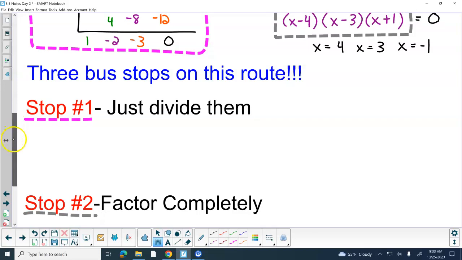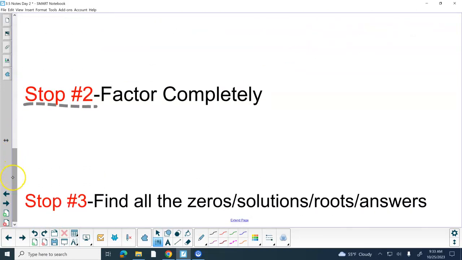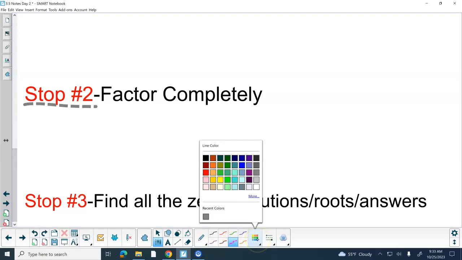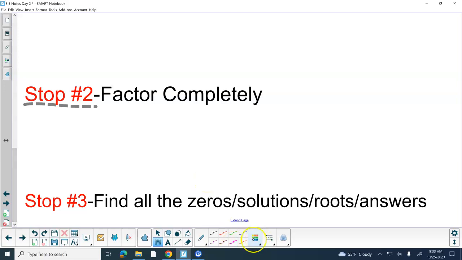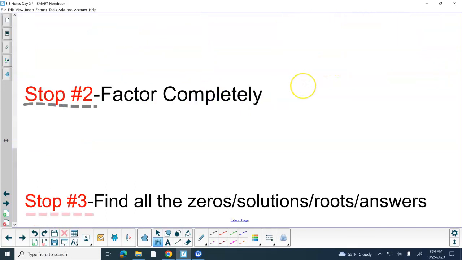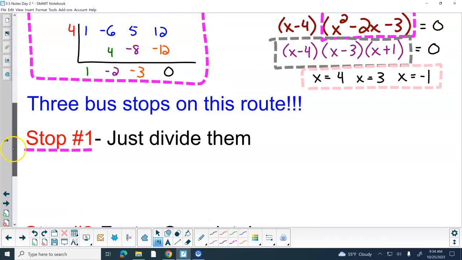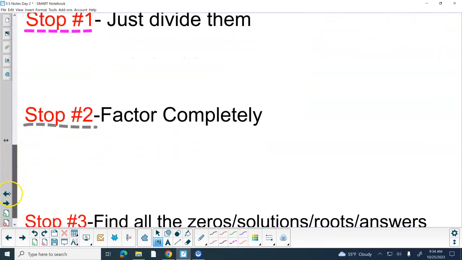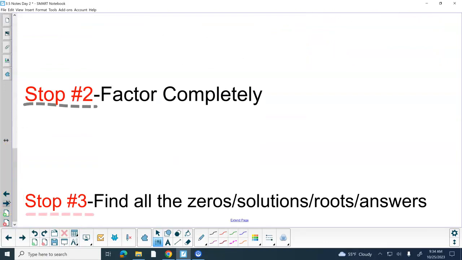Bus stop number 3 then says, find all the zeros, the solutions, the roots, the answers. That one's relatively easy because we'll go with pink for this one. You just set all of your factors equal to 0 and get it.